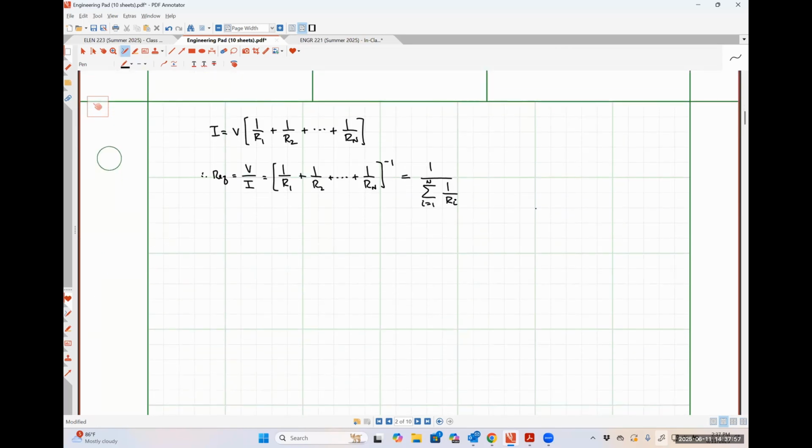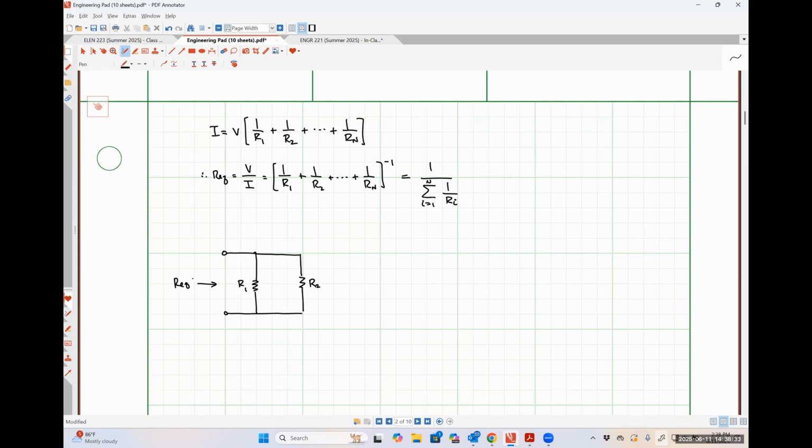So let's say that we had two resistors in parallel. So here's some resistor R1, and here's some resistor R2, and we're trying to find the equivalent resistance of that combination, okay?